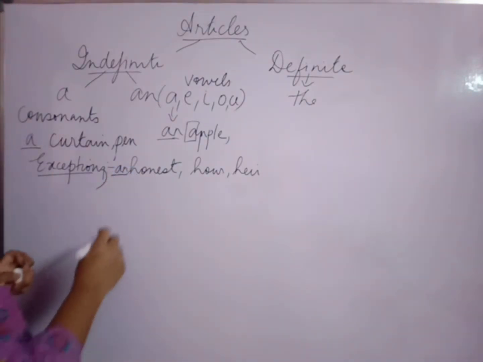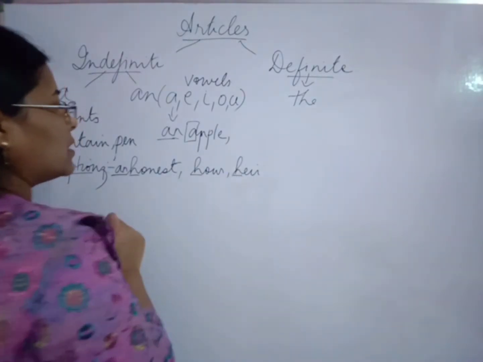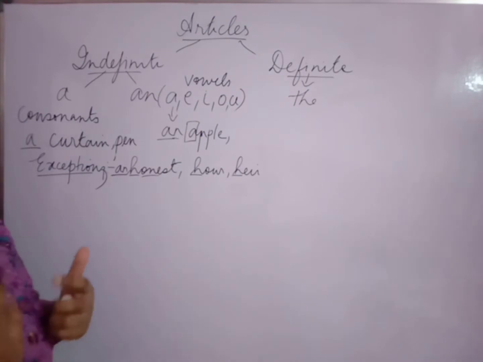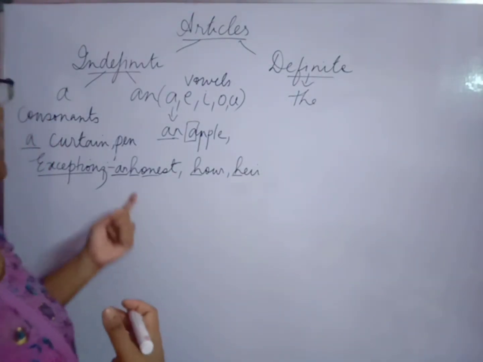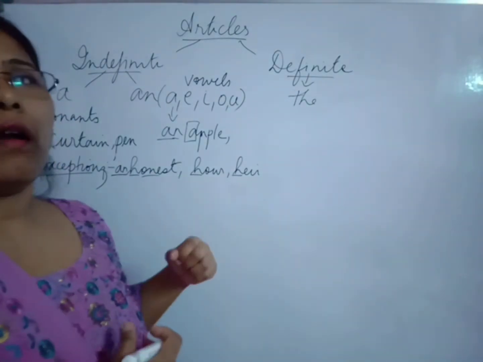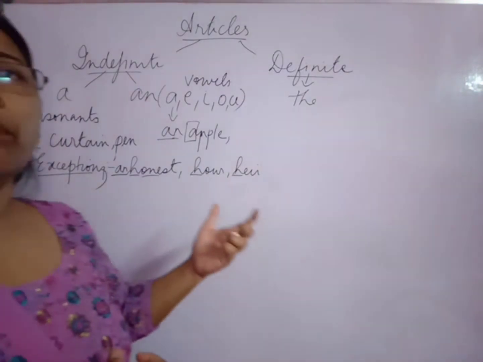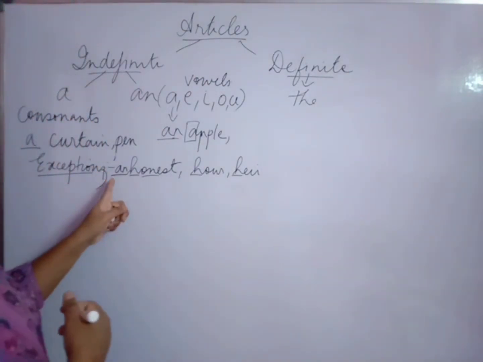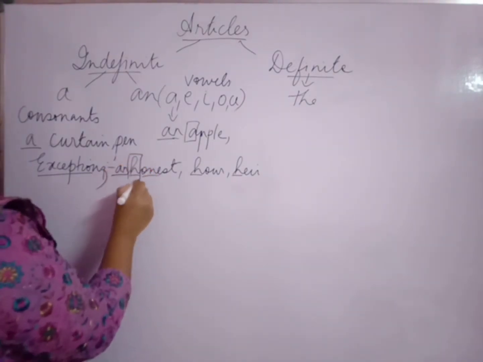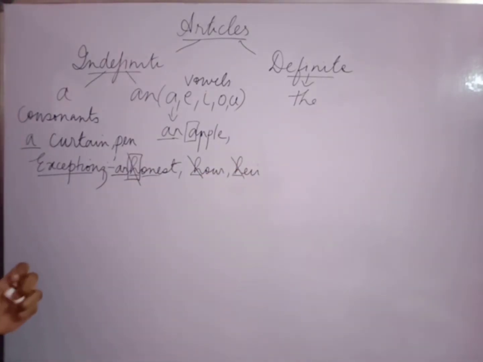Why? Because though these words start with a consonant letter H, the sound is a vowel sound. Like an honest man, an heir to the throne, an honorable man. H is not pronounced here, it is silent.